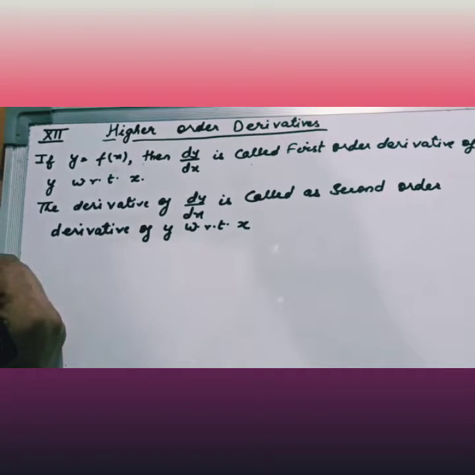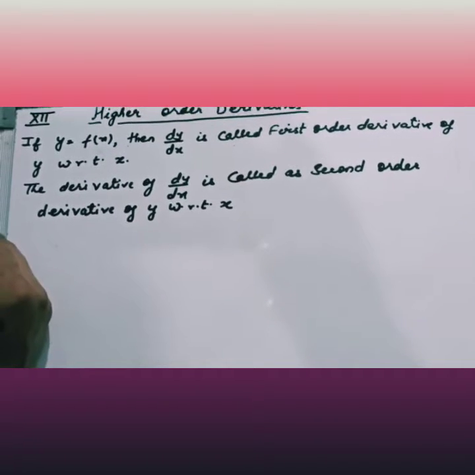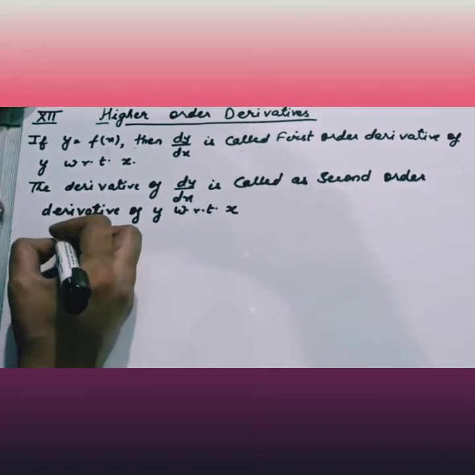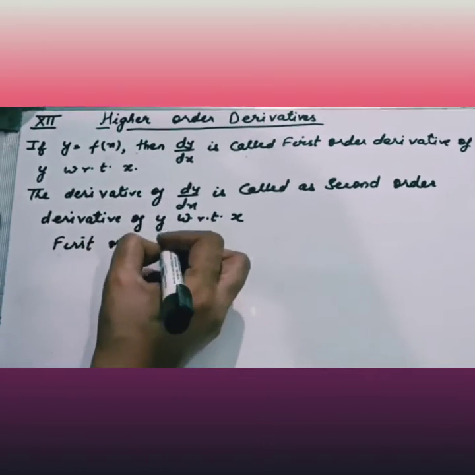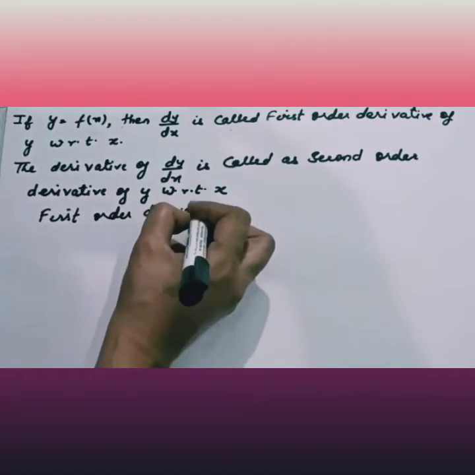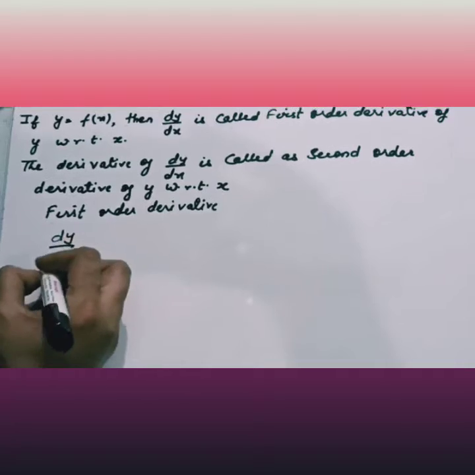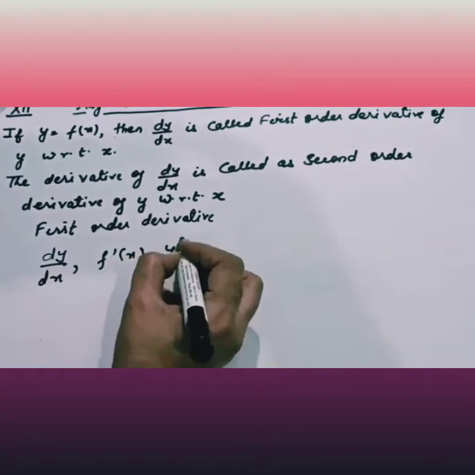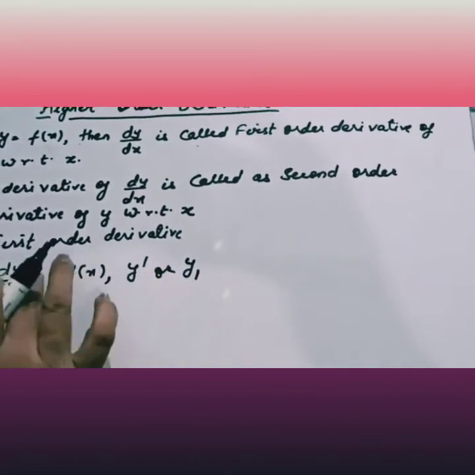And if we again differentiate dy by dx with respect to x, we get the second order derivative of y with respect to x. First order derivative is represented by dy by dx, f dash x, y dash or y1.